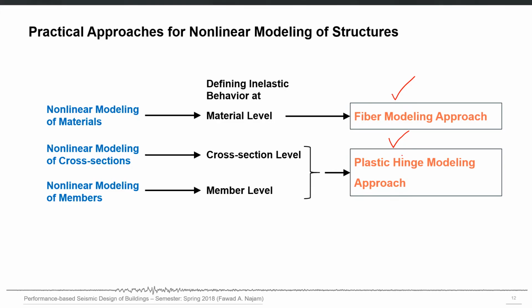The plastic hinge modeling approach is based on the idea that we introduce the inelastic elements right at the cross-section or member level directly and not at the material level. When we introduce nonlinear plastic hinges at member level directly, they account for all the local effects at the lower levels also.